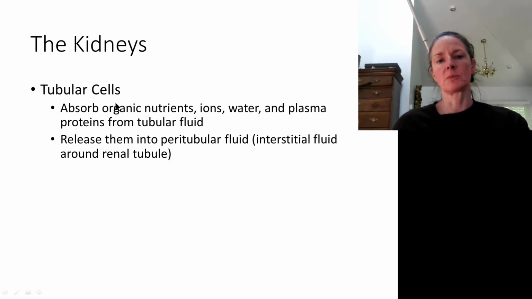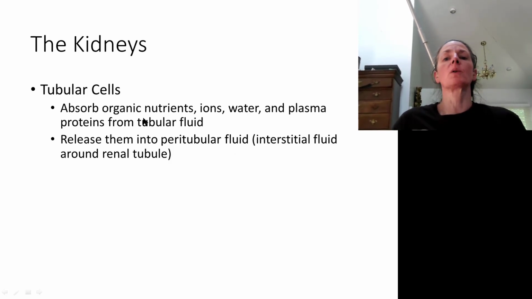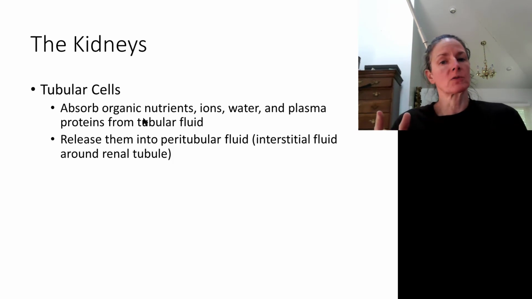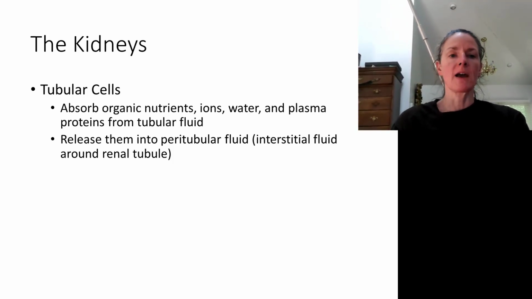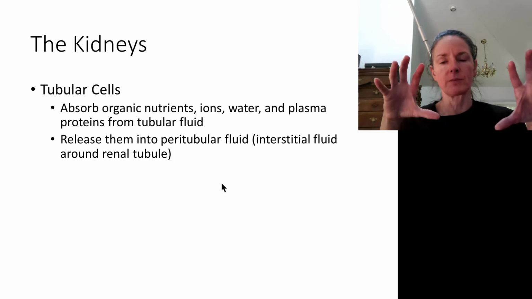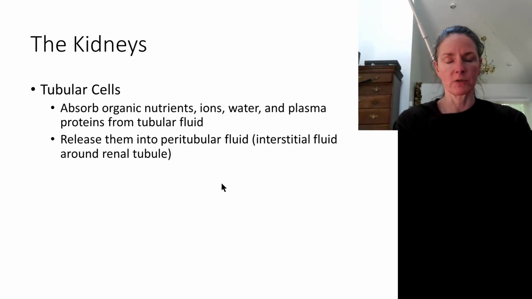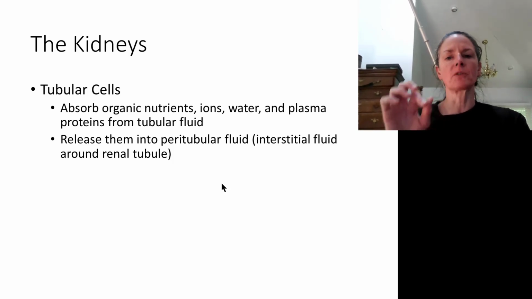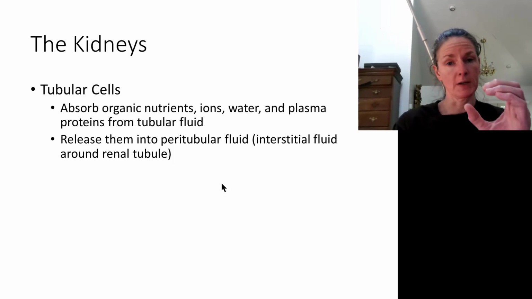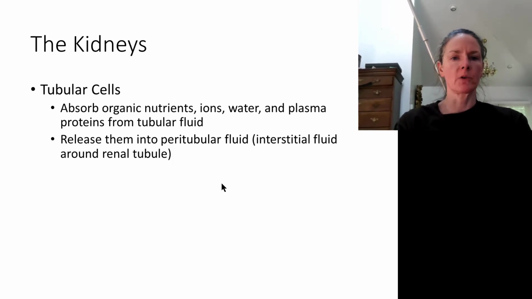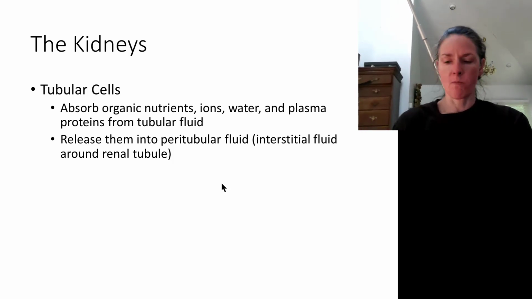Basically, the tubular cells are going to absorb things we want to keep, pass that into the interstitial fluid, and then that will be returned to blood circulation. And we will also have some secretion from the tubular cells. Right now we're going to concentrate on the proximal convoluted tubuli. So we will have some secretion of materials into the lumen of the tubule, and those are the things that will leave with the urine.